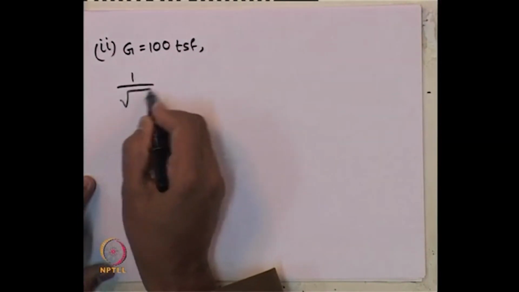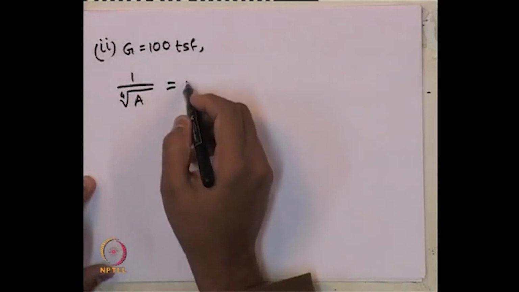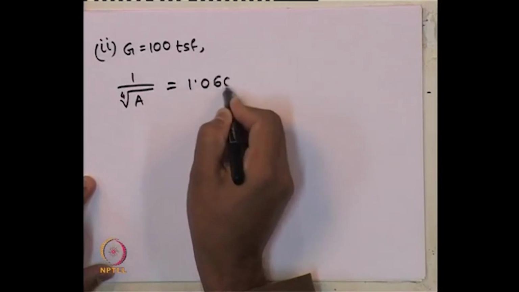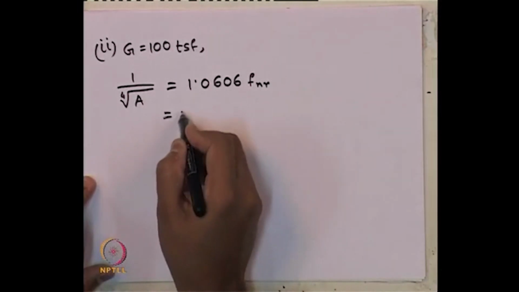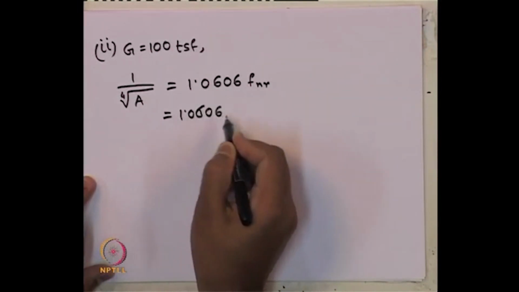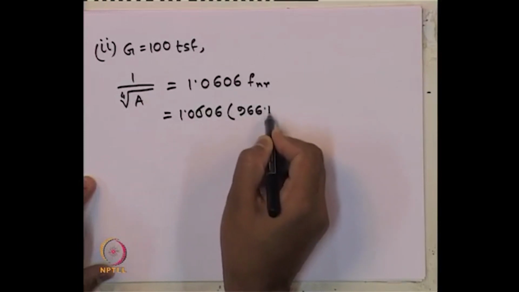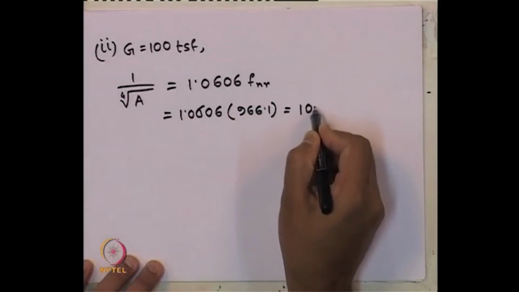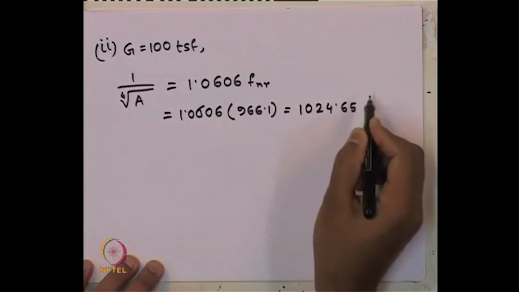1 by 4th root of A is tan theta, that is 1.0606 times FNR. FNR is 966.1, which gives 1024.65.